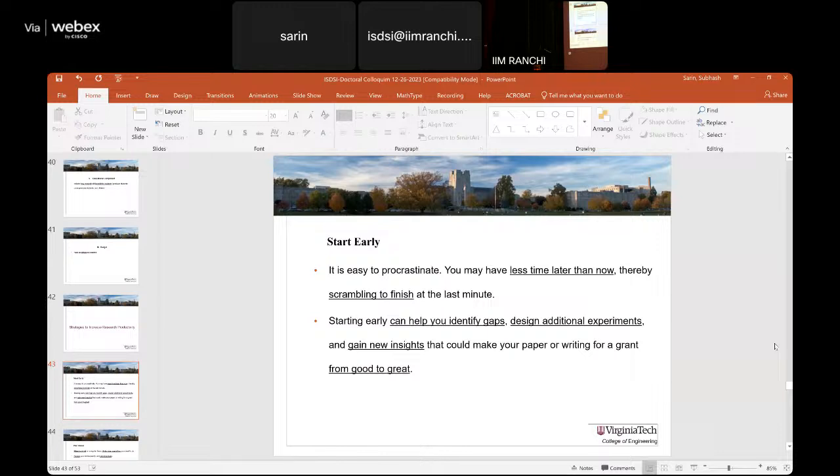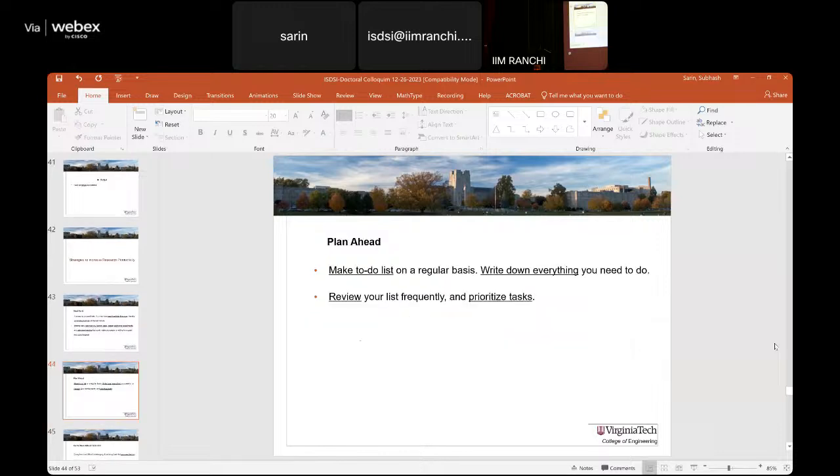So start early so that you can identify the gaps in the work you're doing. You may do more experimentation. You may develop some new insights, make the work more interesting, and the writing more engaging, and so on and so forth. Right? So starting early is a very important component of increasing your productivity.